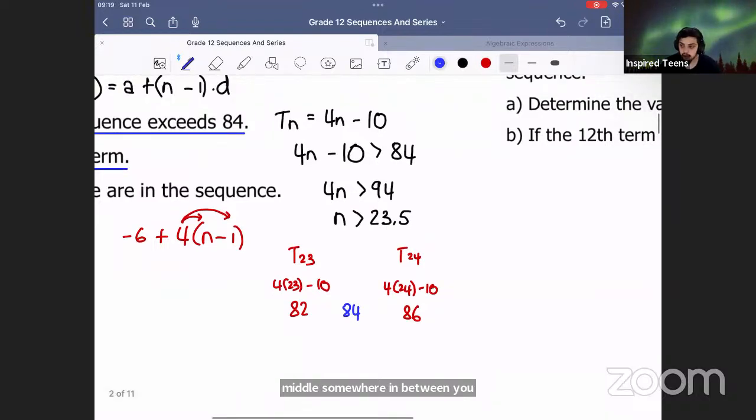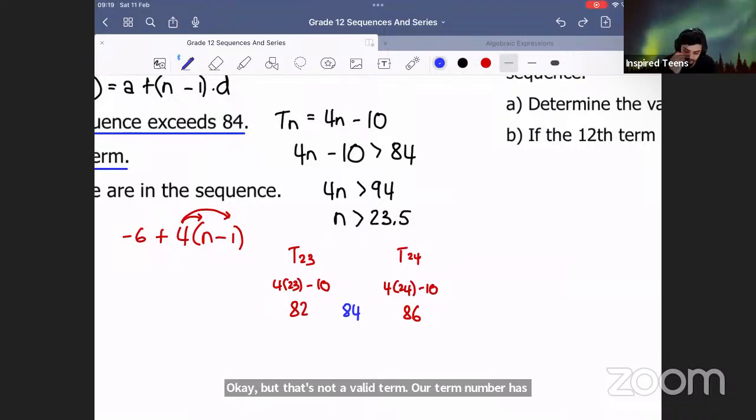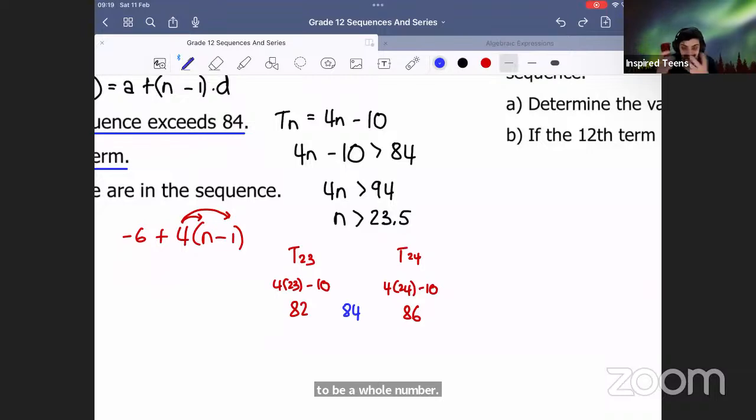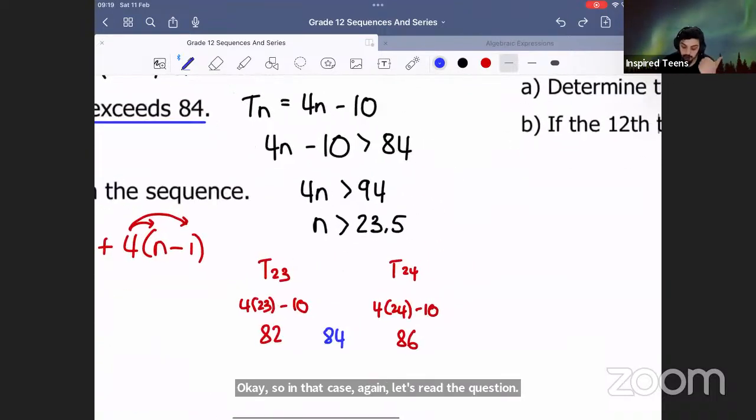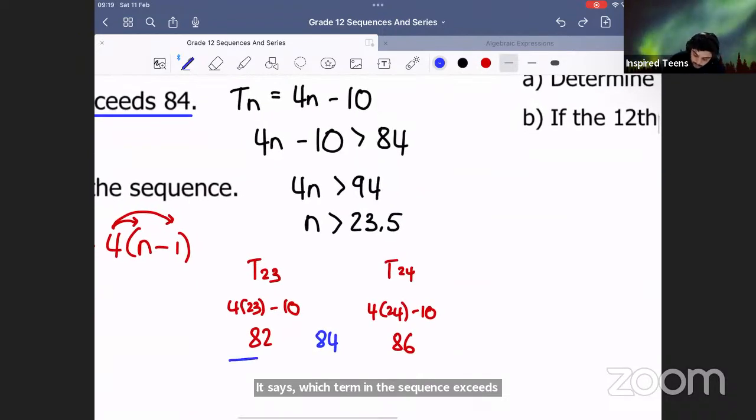That's where we got our T23.5. That's why it's literally the middle of 23 and 24. But that's not a valid term. Our term number has to be a whole number. So in that case, again, let's read the question. It says, which term in the sequence exceeds 84? 84 is clearly between 23 and 24.